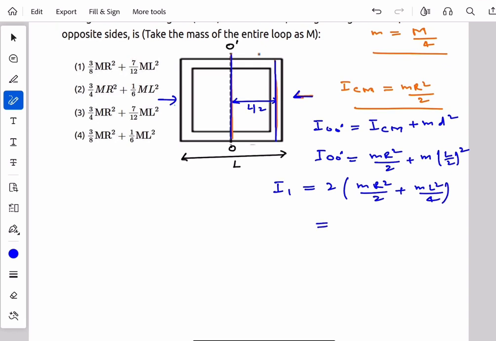And this is equal to small m r square plus small m l square upon 2.